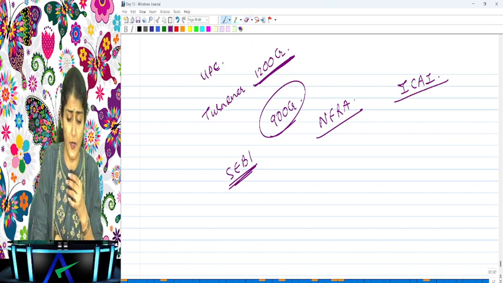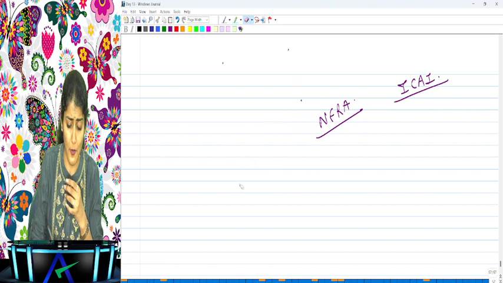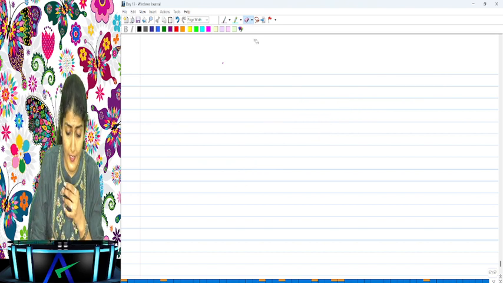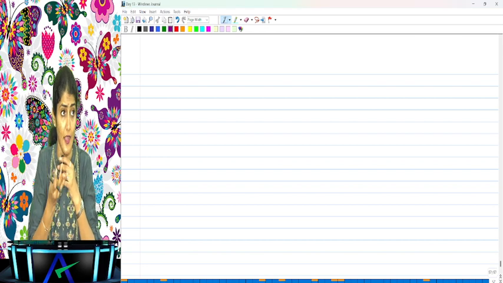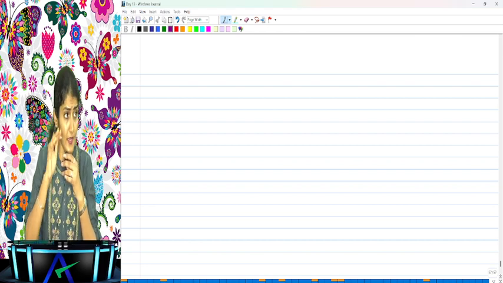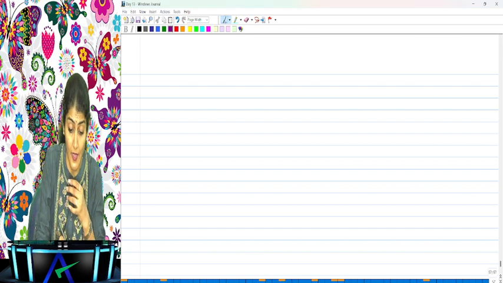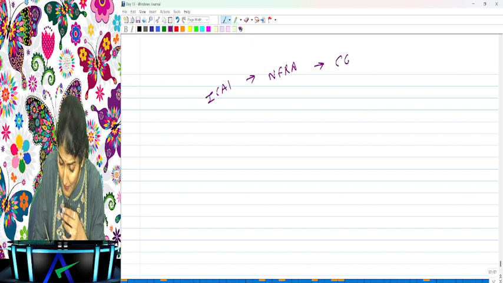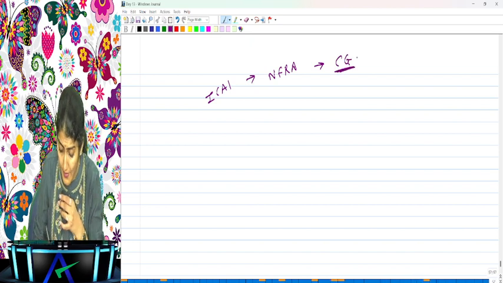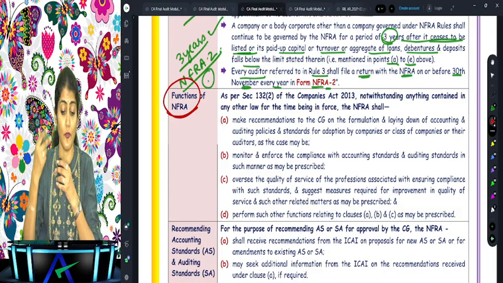What does it do? One thing it is doing is taking away powers from ICAI. Like right now, who can issue the accounting and auditing standards? We say ICAI can. Now ICAI will make recommendations to the NFRA, and NFRA will pass on the recommendations to the central government for the issue of the standards.